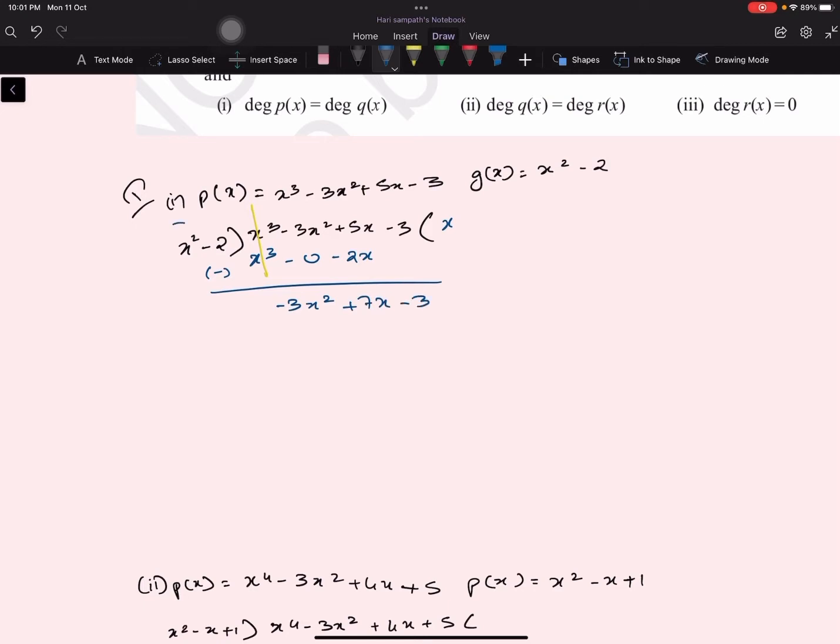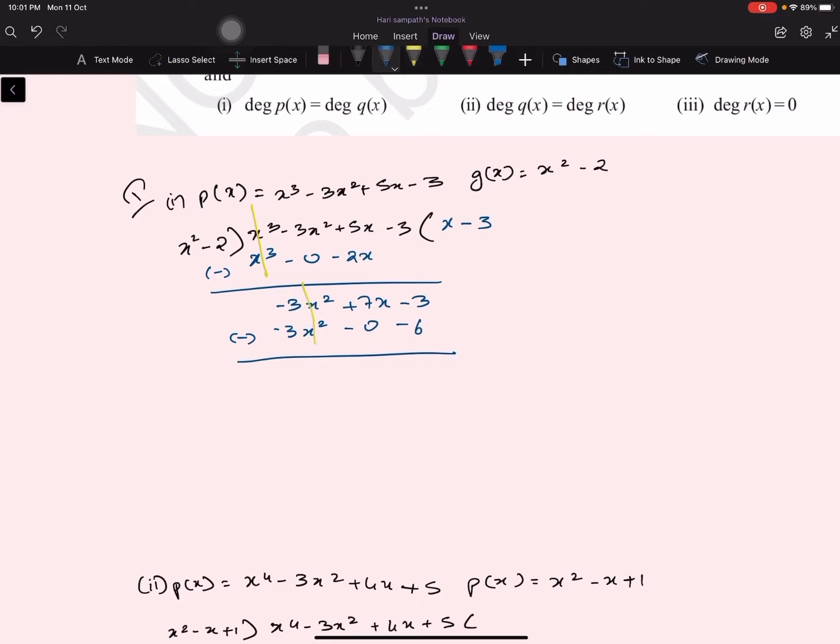So what would you multiply with x square in order to get minus 3x square? You will multiply it with minus 3. So minus 3x square, you're going to subtract it because like signs only cancel each other out. You get minus 6. That does not have an x, so you're going to write minus 0 minus 6. So these cancel each other.